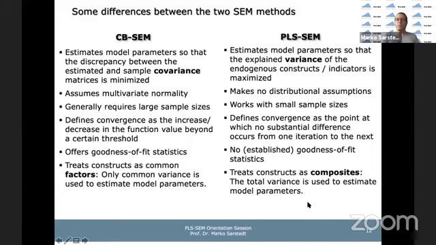So bottom line, PLS is highly useful in situations where you have a very complex model and you do not have very many observations. You have problems with the distribution, so it's very skewed, not nicely normally distributed like a bell-shaped curve, but left skewed or right skewed. And it also is very helpful when your aim is to predict, because PLS is a prediction-oriented approach to structural equation modeling.